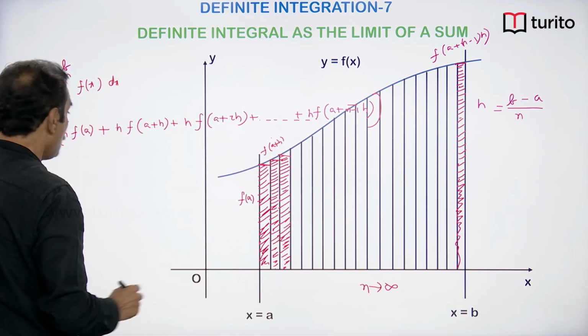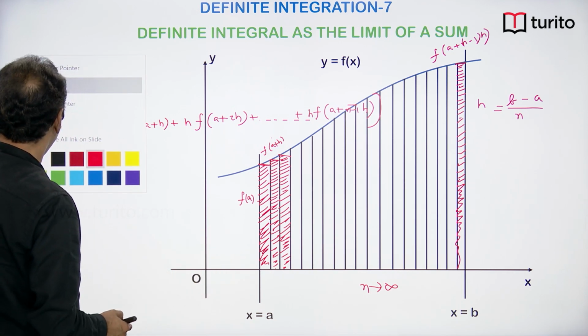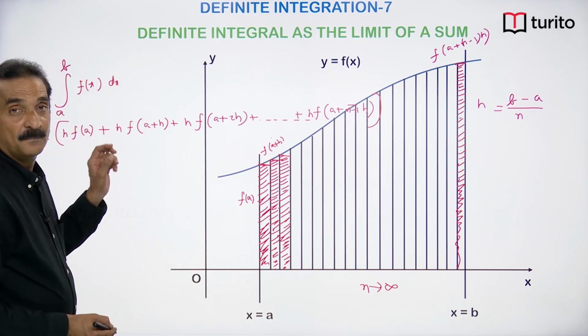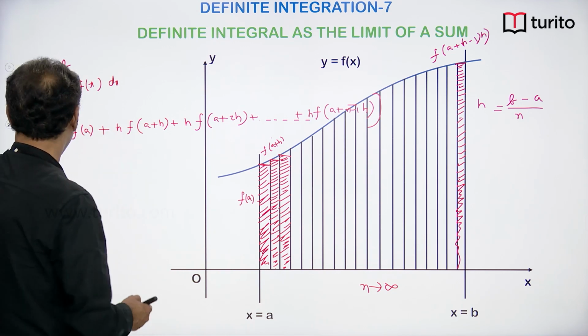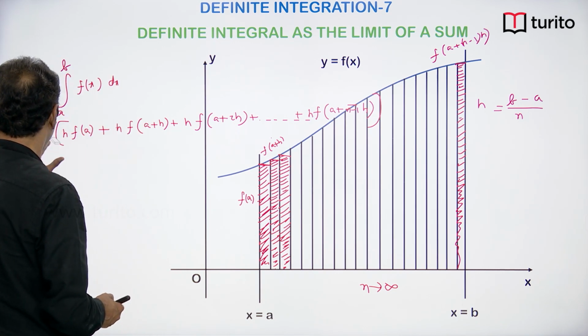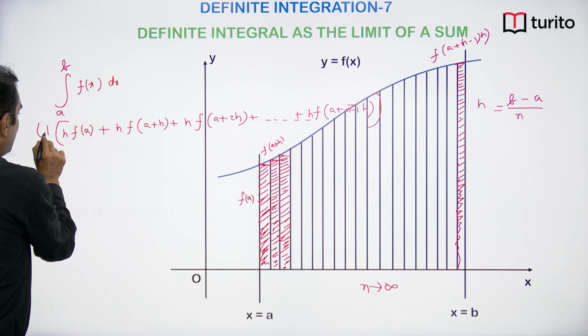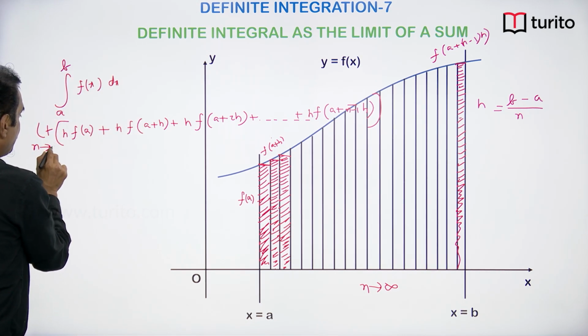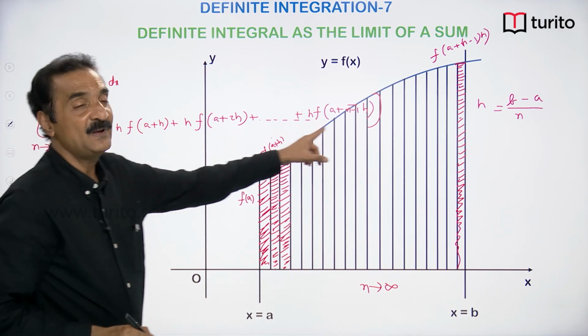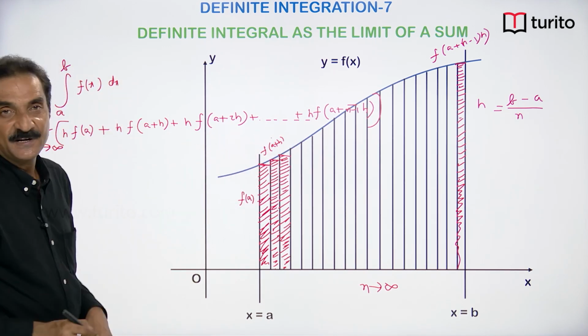So how can you take n tends to infinity? By applying limit n tends to infinity. So here if you take limit n tends to infinity, then this sum will be equal to this definite integral.